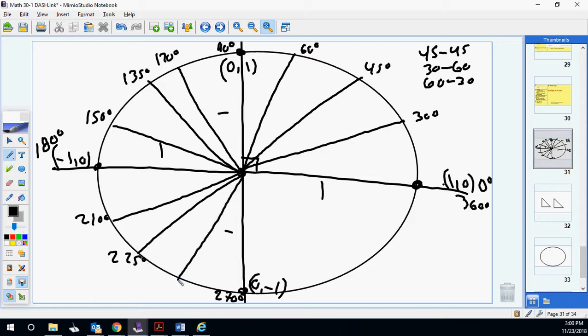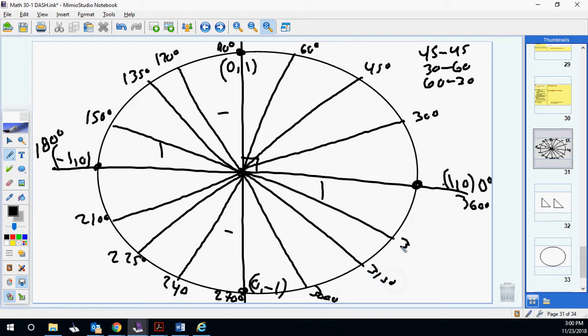Then we have 240, 270. Then 30 from 270, we're at 300, 315, and then 330. So those, whoops, extra 3 there. We have all the values of the degree measure for the unit circle on here now. That's all the cuts.